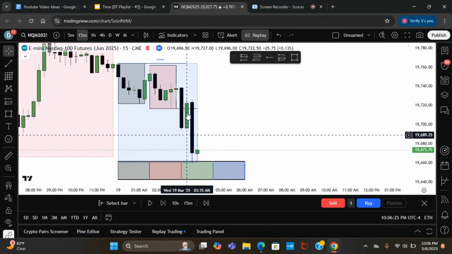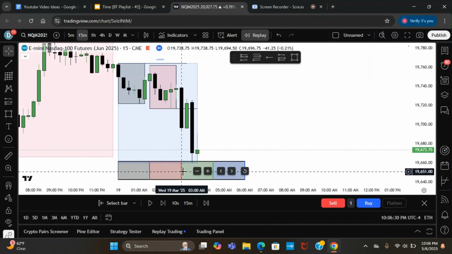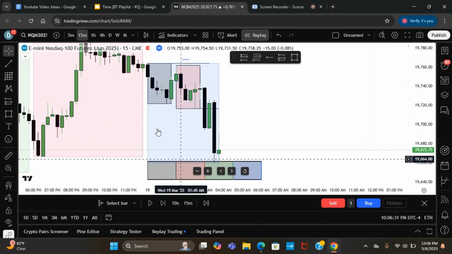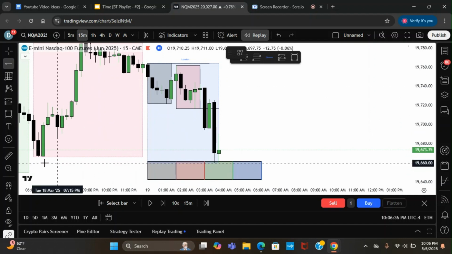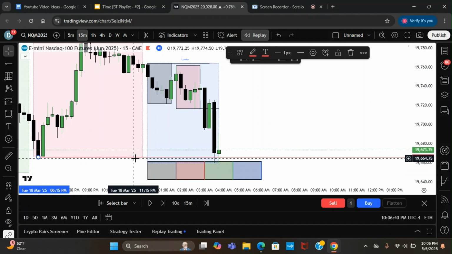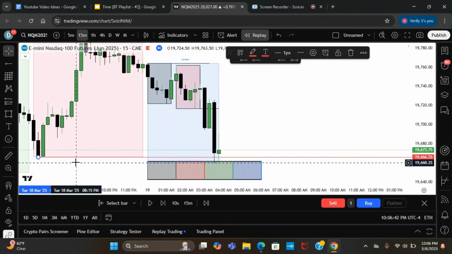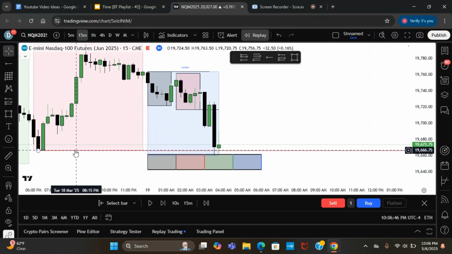Why? Because we continued. So why would price want to distribute away from the AMD target? Well, because it has a higher time frame objective, and not just this liquidity pool. This isn't just any liquidity pool. What is this? This is our previous session low. In other words, this is Q1's low.